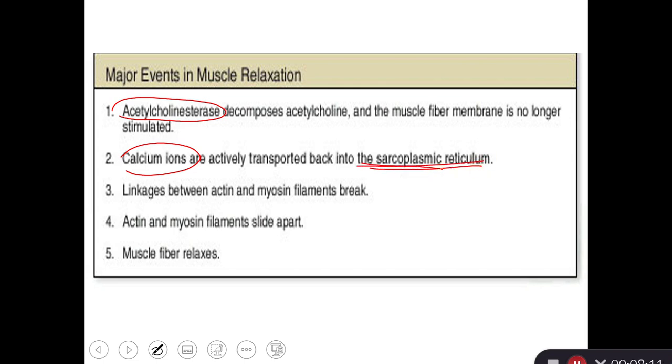And then the linkage between actin and myosin breaks, and actin and myosin filaments slide apart. So now we have the relaxed sarcomere. And this is relaxation. So you'll see that the I bands become longer and the H zone expands during relaxation.